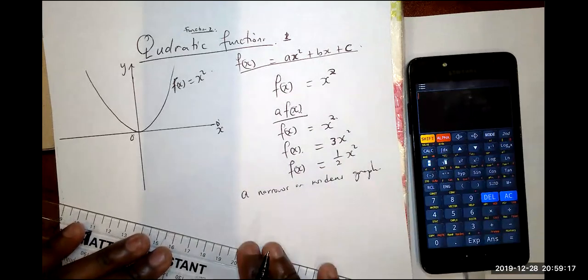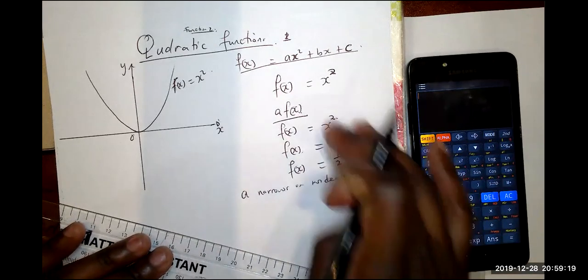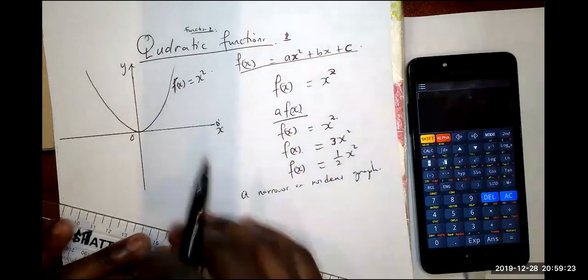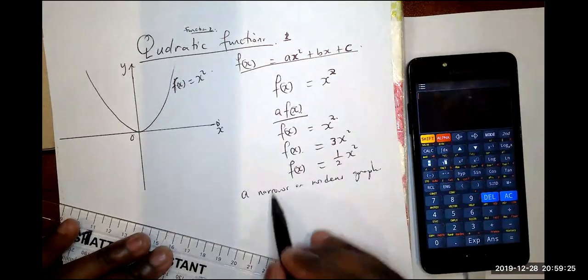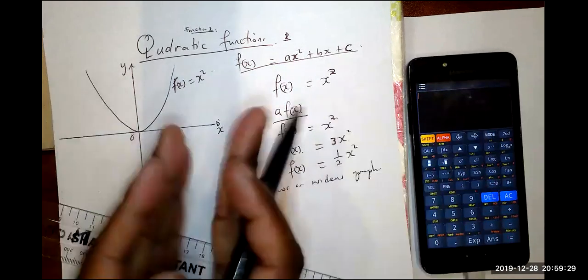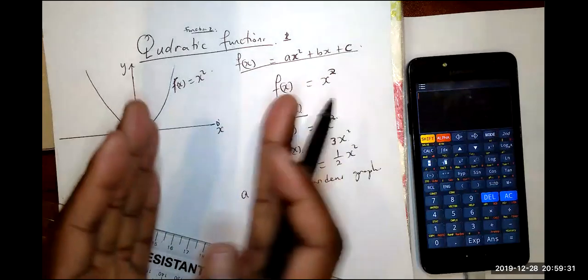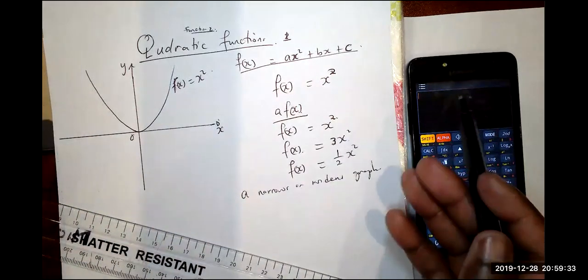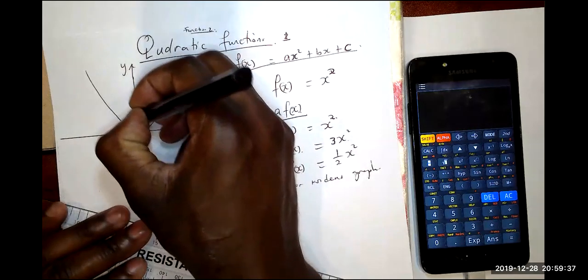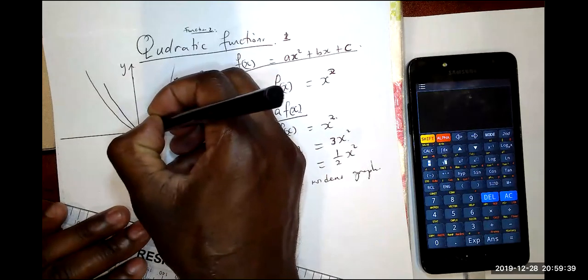Let's start with the effect of the size of a. If a is large, like 3, it narrows the graph. If it is a fraction, it widens your graph. So we expect to see something like this that is narrow.